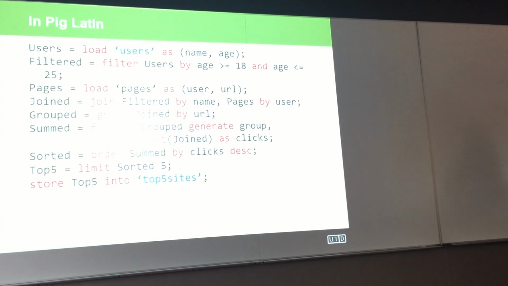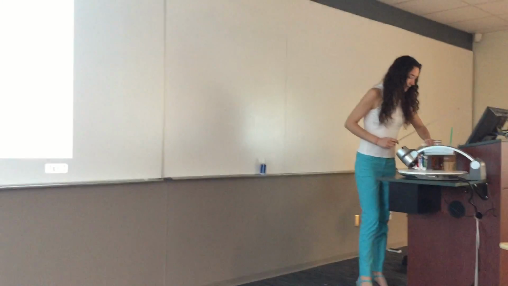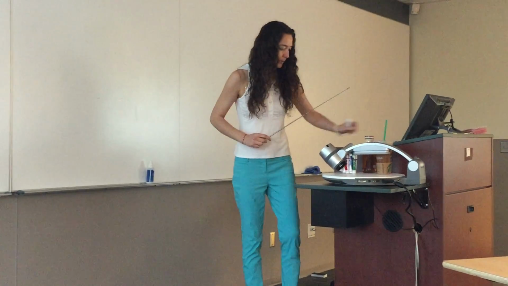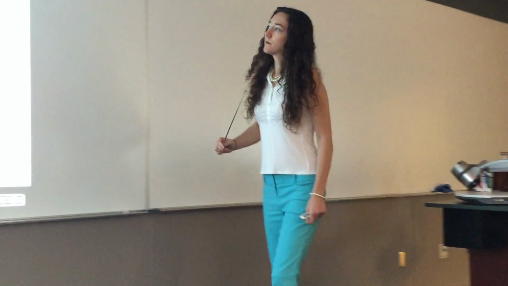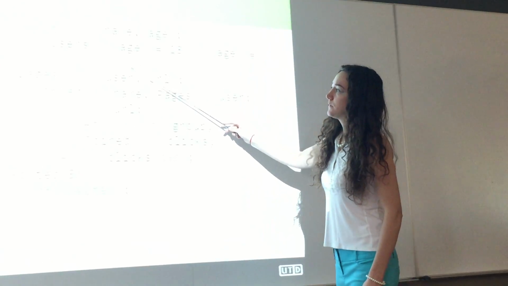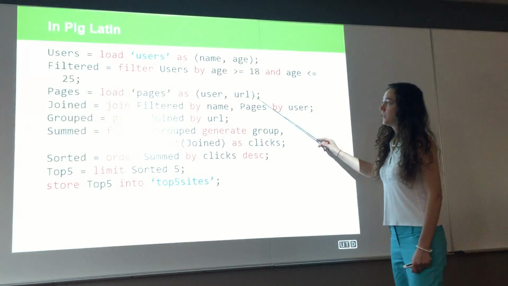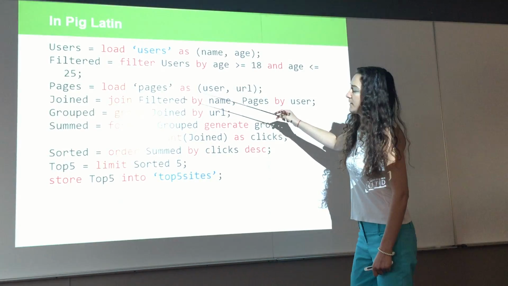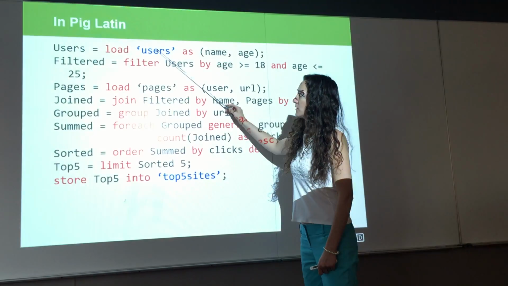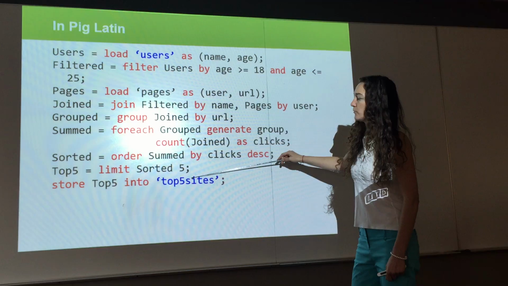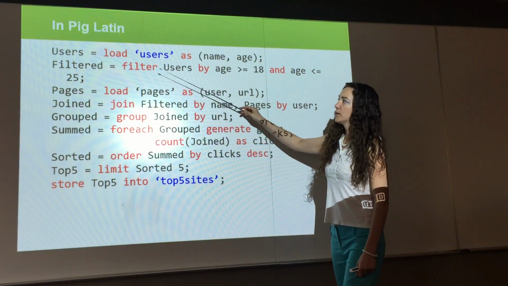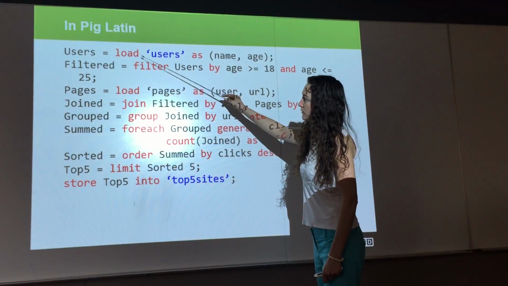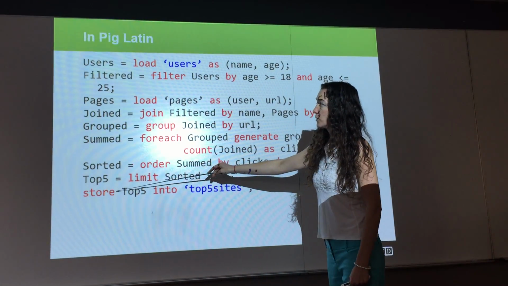So what you will notice here, the user and URL schemas are optional and they can be assigned dynamically. The red color is the input files and the output files are in the blue. And in the red color you have the Pig operators, such as load and store.